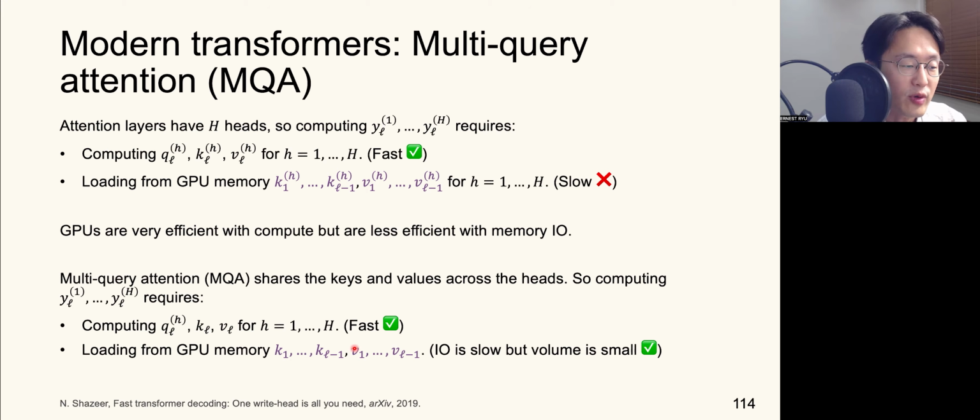Then we load from GPU memory the previous key vectors and the previous value vectors. This memory I/O is still a cost we need to pay, but the volume is now much less because, as you can see, there are no longer any superscripts on these k and v vectors, since they are shared across all the different heads. Therefore, the volume of the slow I/O has been reduced by a factor of capital H. So the I/O is slow, but the volume is smaller, so this is now much more efficient.